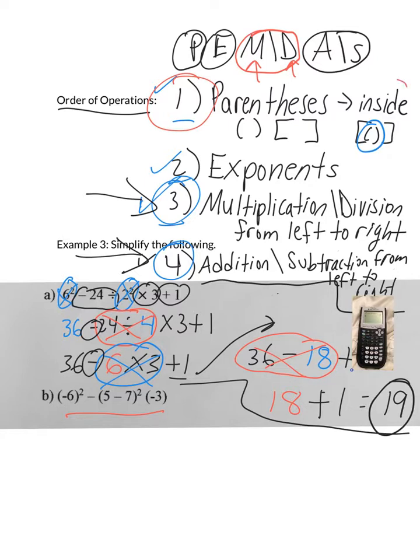If so, we take care of that first. Is there an actual computation? Is there adding, subtracting, multiplying, dividing, exponent? Is there something besides just one number inside parentheses? Because if there's just one number inside parentheses, then we don't have to worry about it.